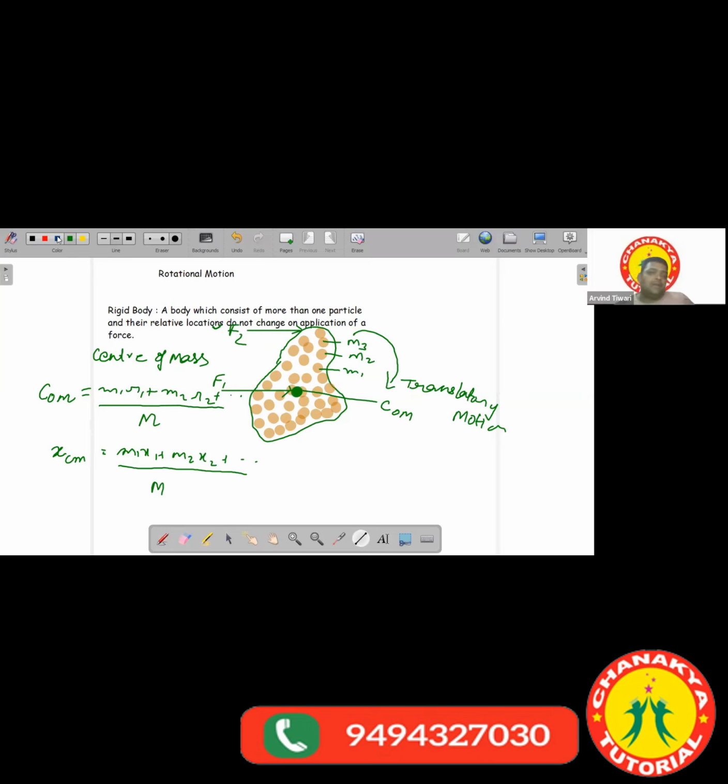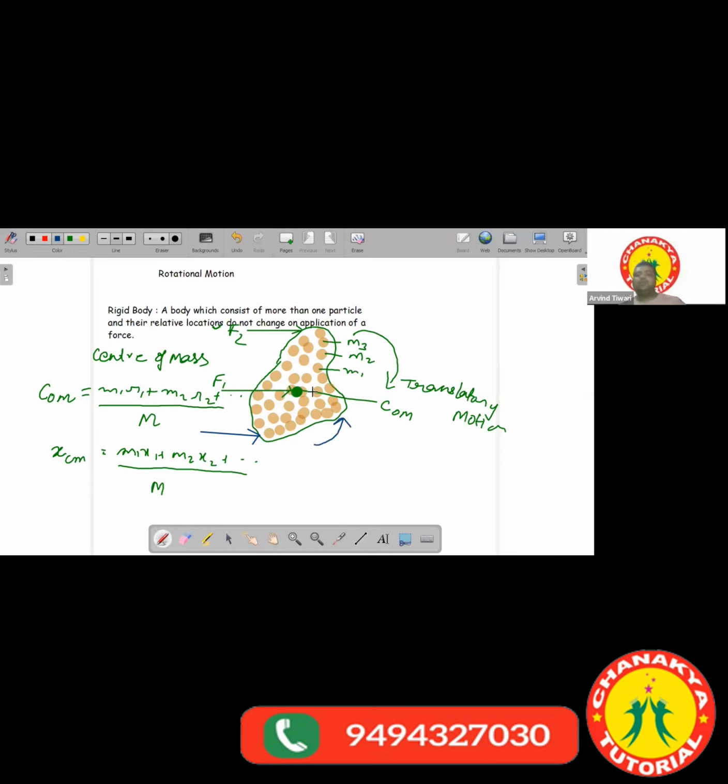And if I apply a force F1 over here at this point, what should be the sense of rotation then? Should it be clockwise or anti-clockwise? Anti-clockwise. This would be anti-clockwise.